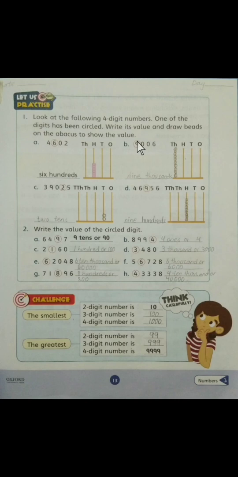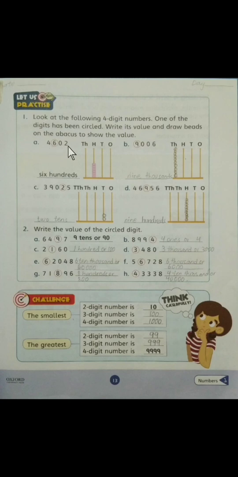In this exercise, one digit from the number is circled. What we have to do is write its value, the circled digit's value, and draw the beads on an abacus. The first one is done for you, look at example A. Here is number 4602.